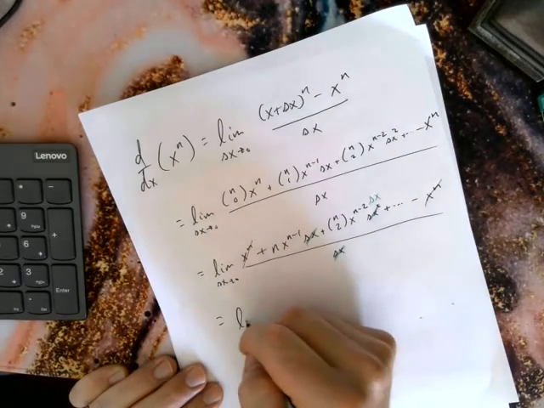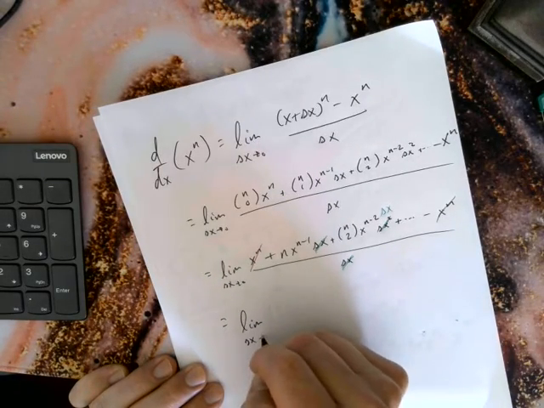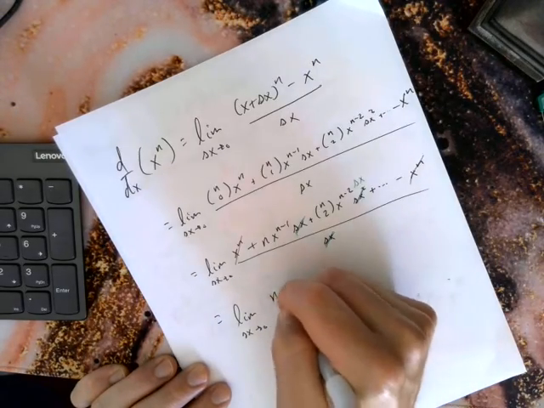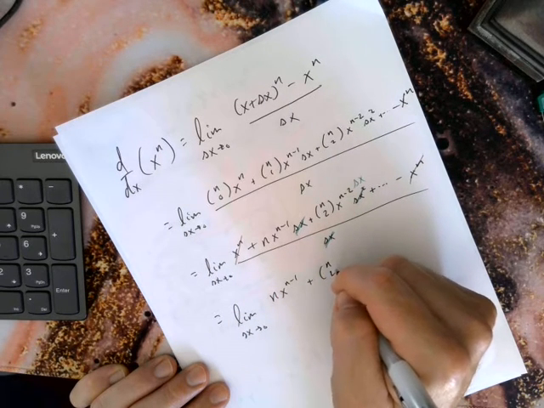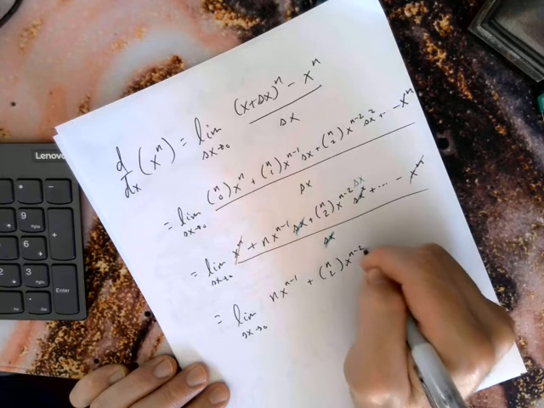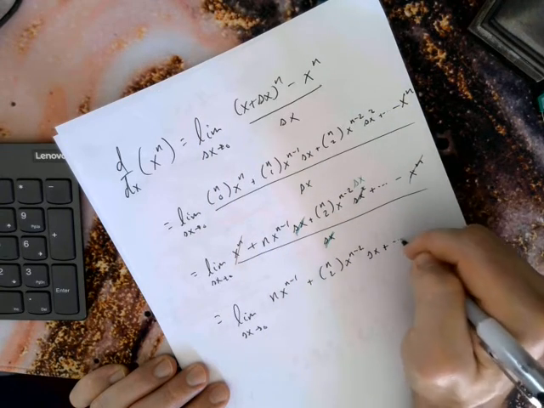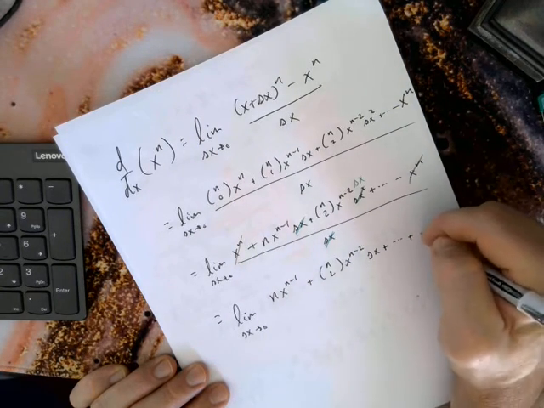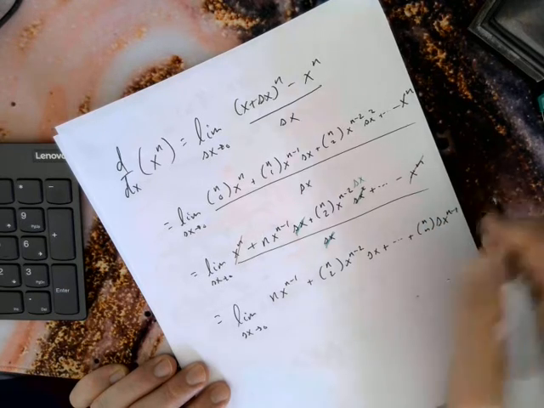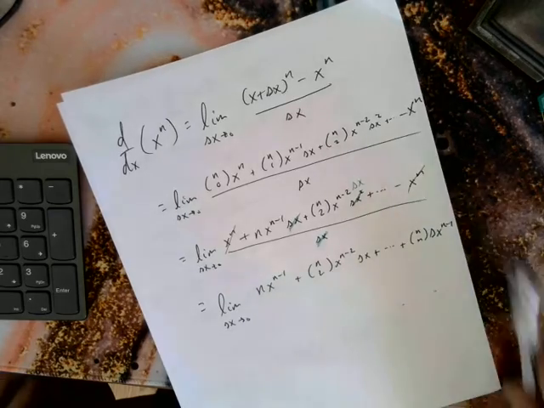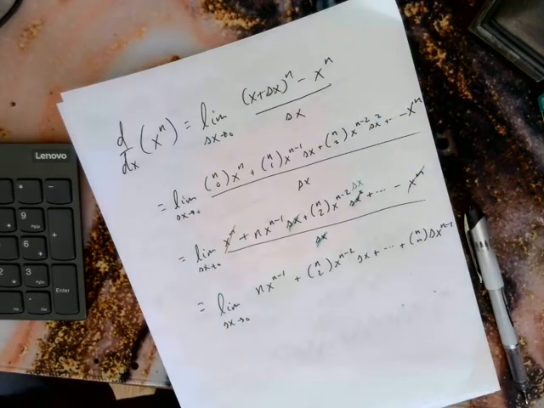And what you'll be left with is n x to the n minus 1 plus n choose 2 x to the n minus 2 delta x to the first, all the way to the very last term, which is n choose n delta x to the n minus 1. Right, and this delta x on the bottom canceled out.